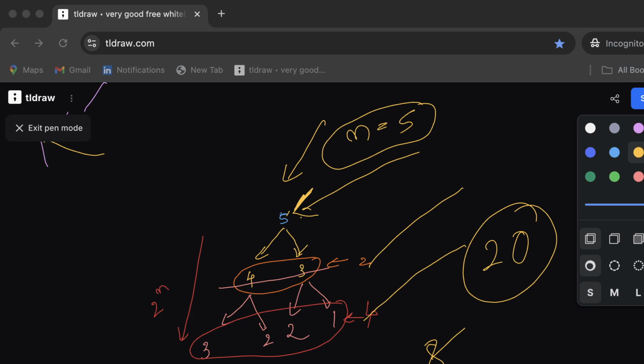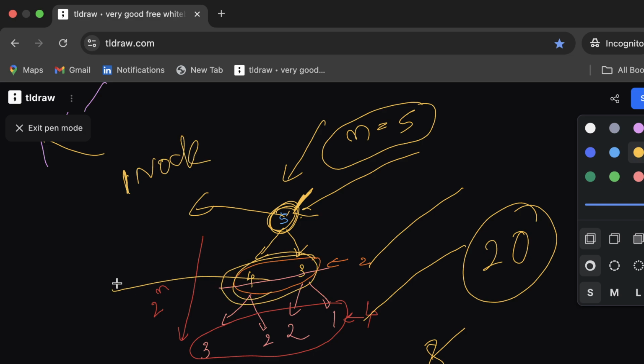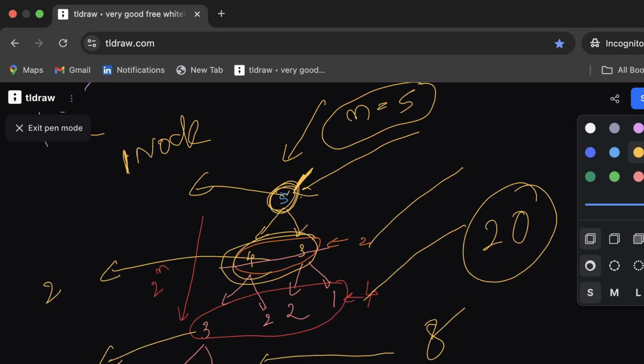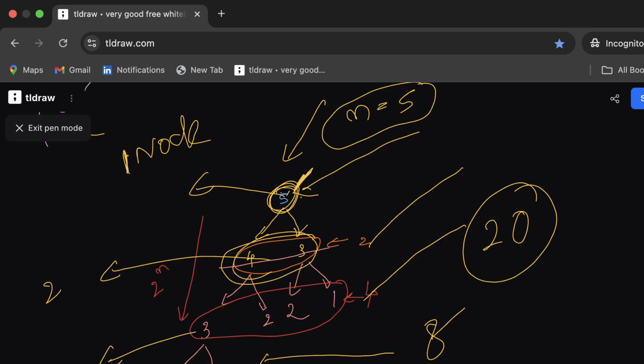So if you see, this level had only one node. Now when I went to this, I have two nodes. So when I go deeper, I'm getting more nodes. You have to remember in a tree, the nodes basically represent the recursion calls, right? How much? Oh, I see.